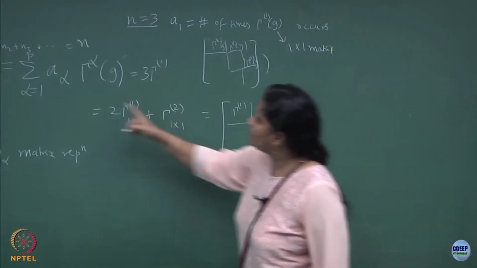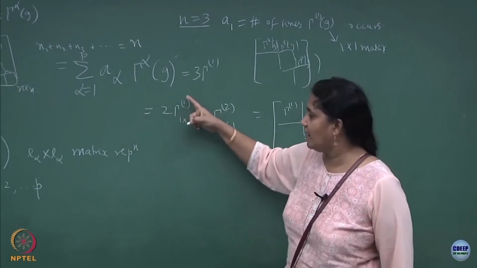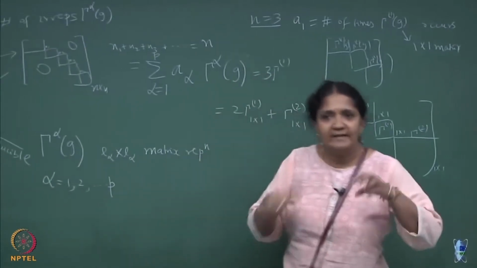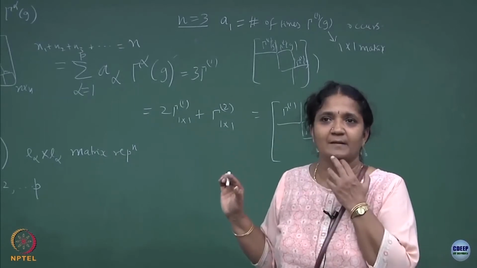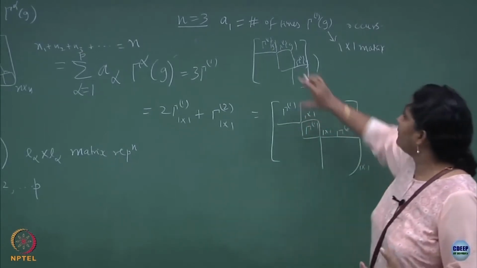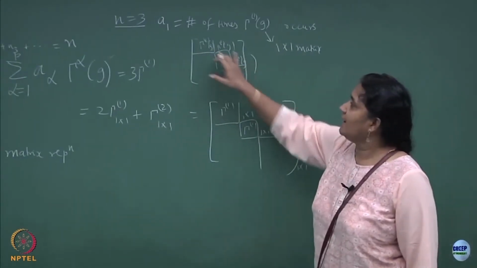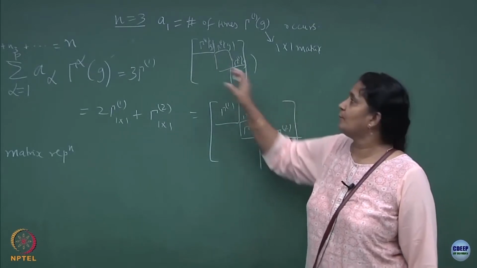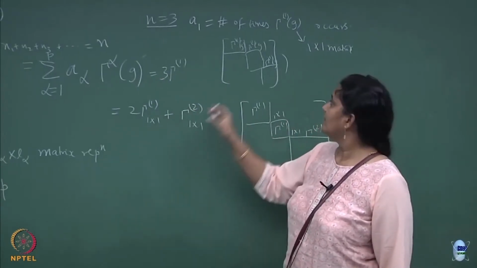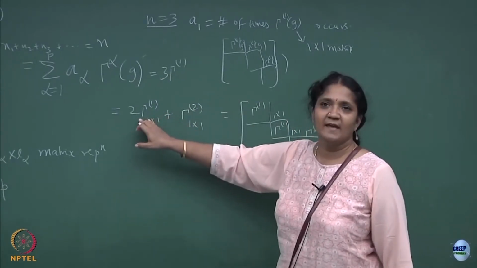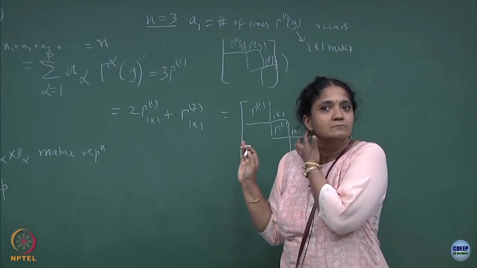So, this is the meaning of writing it as a sum of A alpha times gamma alpha, where the gamma alphas are the fundamental pieces by which you can construct any higher dimensional matrix representation, which can be broken up into block diagonal form. Some of the irreps can repeat. Suppose this irrep repeats, we say that A1 is 3. Here the first irrep repeats, so A1 is 2 and A2 will be 1. Is that clear?